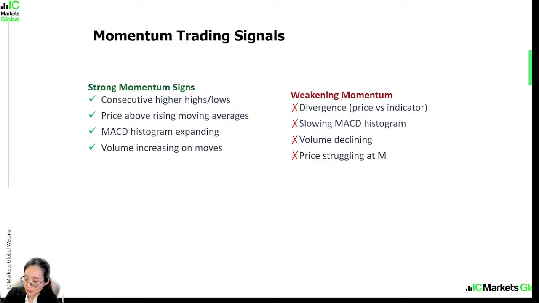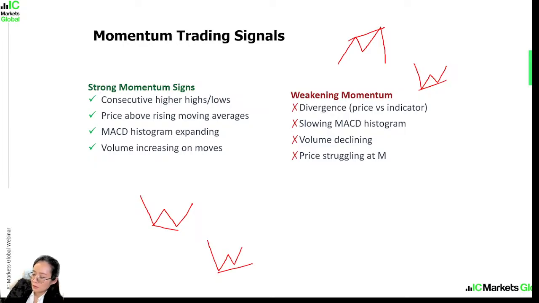If you see the price make the higher high and an indicator make the lower high, this is the bearish divergence. Or for the bullish divergence, price makes the lower low, indicator makes the lower high. Is that a bearish divergence? Am I correct?